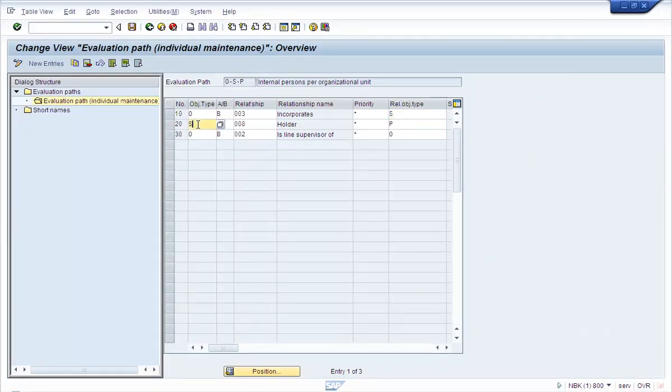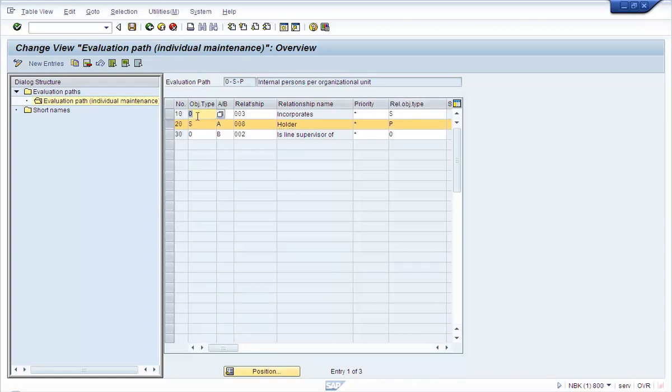Now, A002 is the next relationship, between the position and the person. The way to read this is that all persons are selected starting with the position chosen. This is according to the second row here.